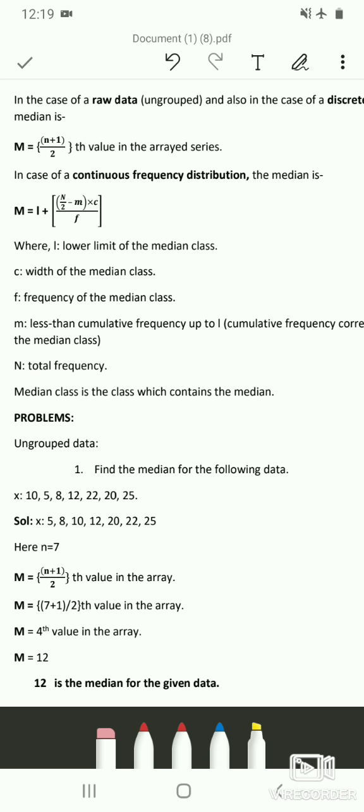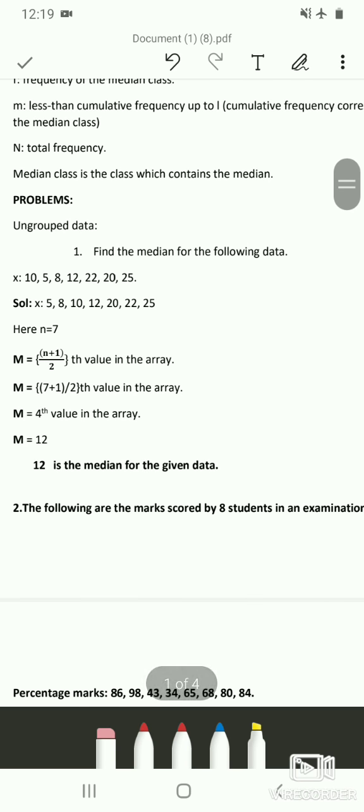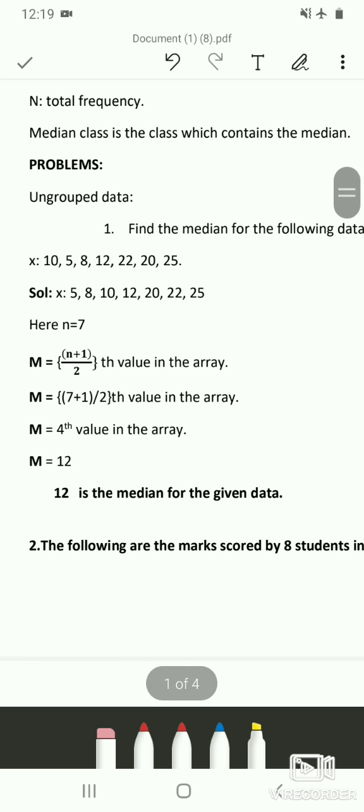Now let's see the calculation of median for ungrouped data. The first question is, find the median for the following data: 10, 5, 8, 12, 22, 20 and 25. Here the given data is raw data.